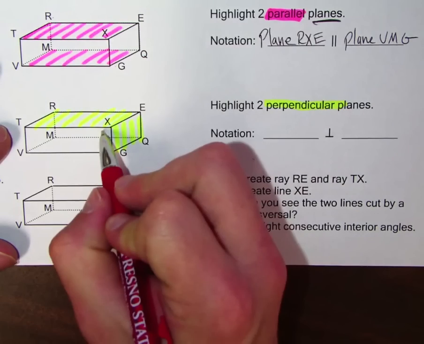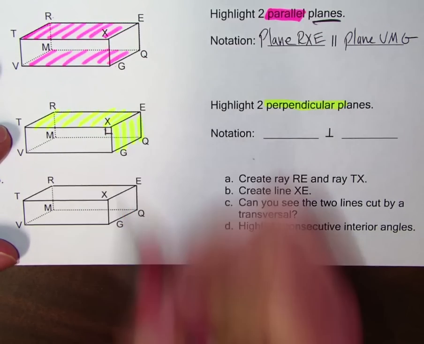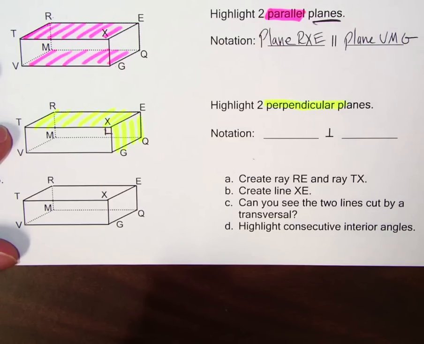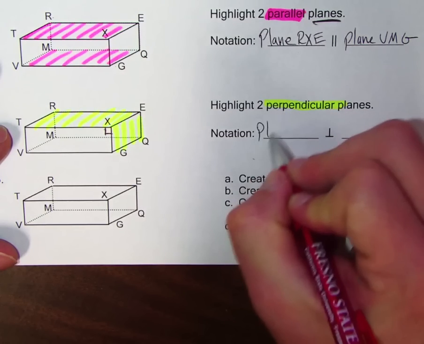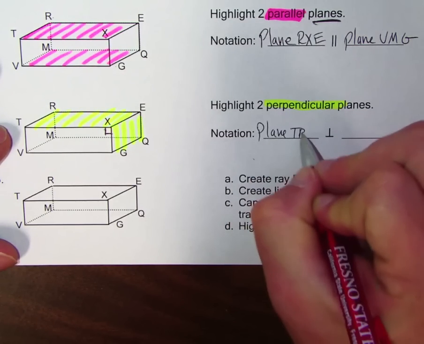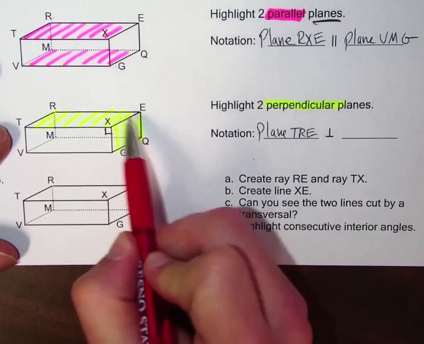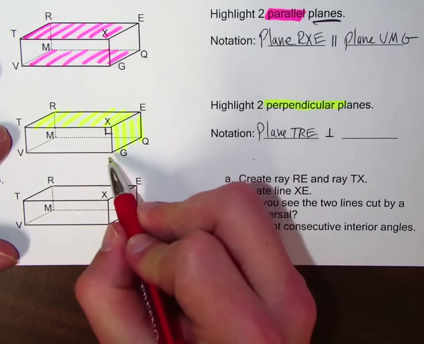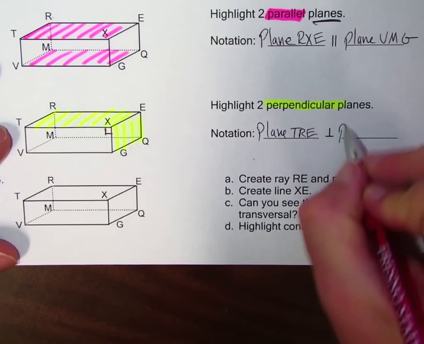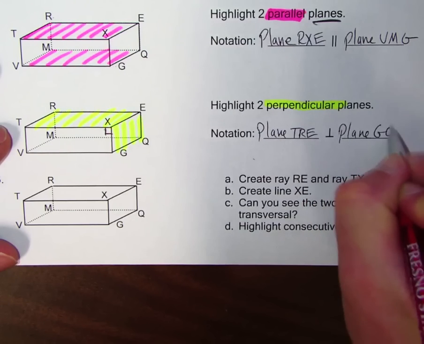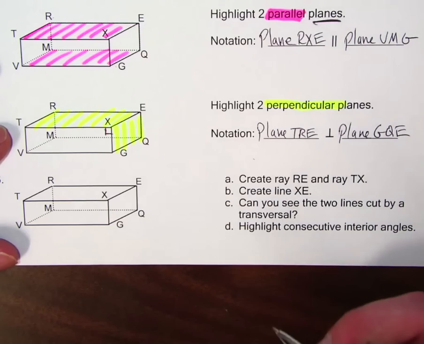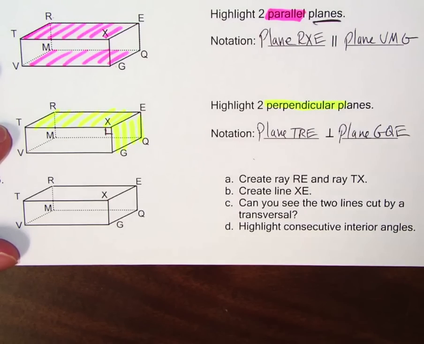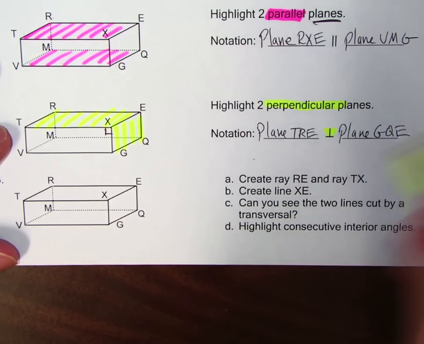So if you take a look, they are perpendicular to each other. So I'm going to say plane TRE and plane, how about GQE? All right, so those right there are perpendicular to each other, whereas the other ones are parallel.